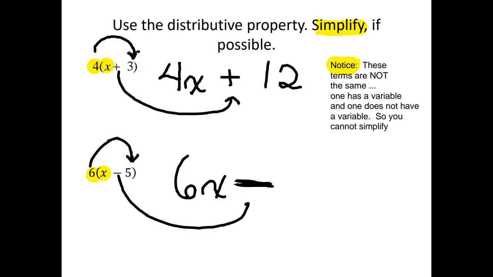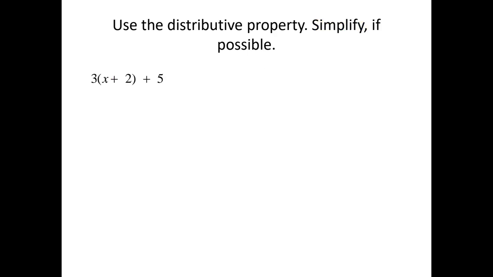This cannot be simplified. One has a variable, one does not. But wait till we get to the next slide. Okay, they're making the problem a little longer, but there's more to it.